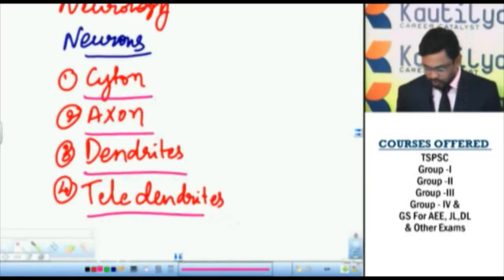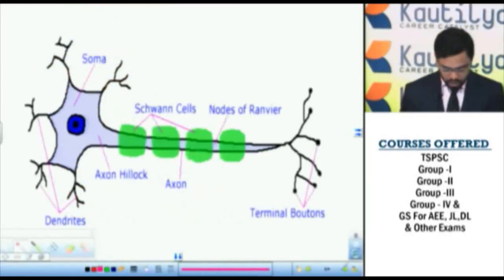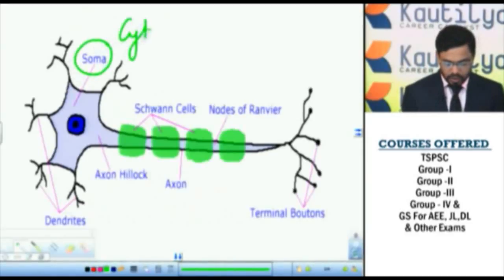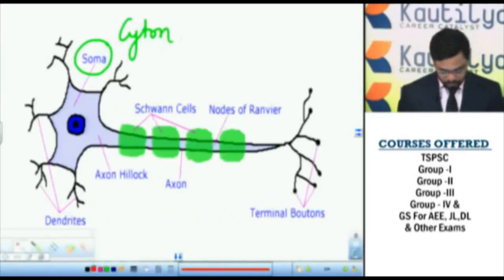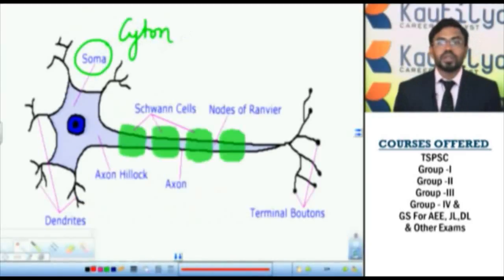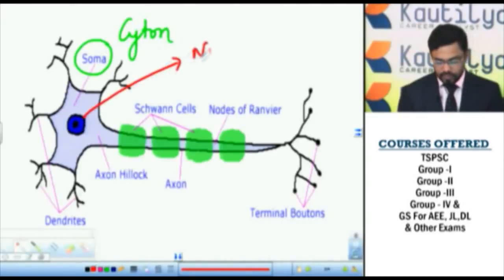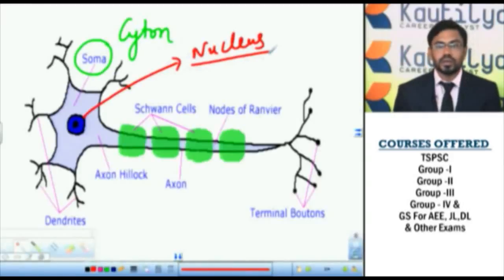The neuron contains a cell body. This cell body is called the cyton, or it is also called the soma. The cell body contains the nucleus. In this nucleus, the stimulus or the nerve impulse is processed.